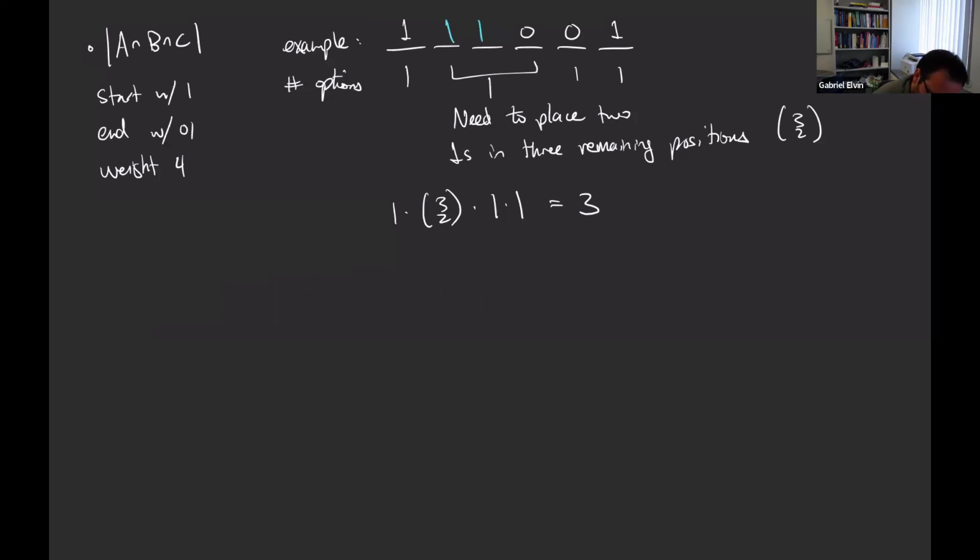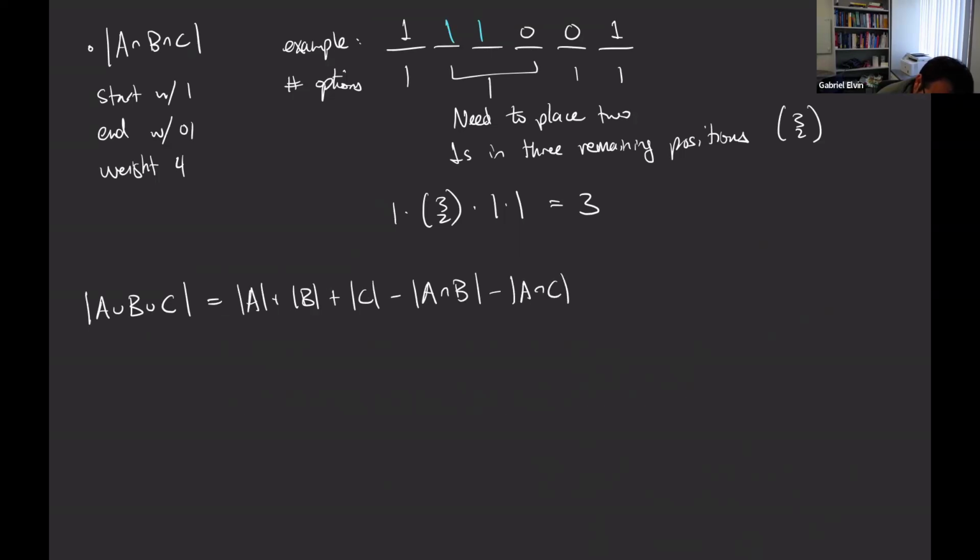I'll recap it at the end. So the 6-bit strings that have any one of these properties, they could have multiple of these properties, is given by the cardinality of this set, which is equal to this. And we did the hard part, which is computing all these things.